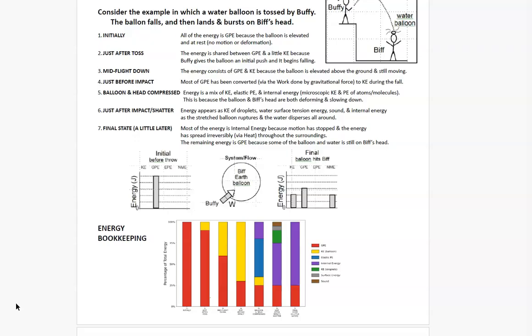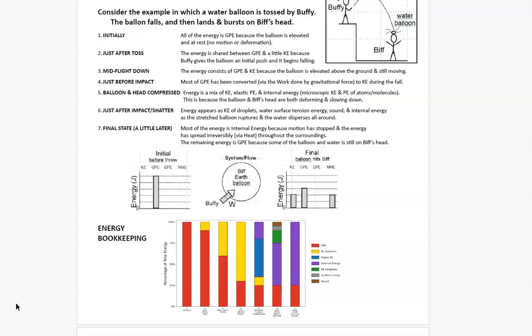In red, it's gravitational potential energy. And you'll notice that in the very beginning, all of the energy is in gravitational potential energy because Buffy is holding the water balloon up high. She's not changing, but where the water balloon goes is. So we're going to focus mostly on the water balloon and its contents.